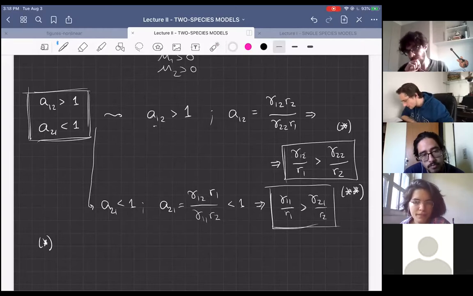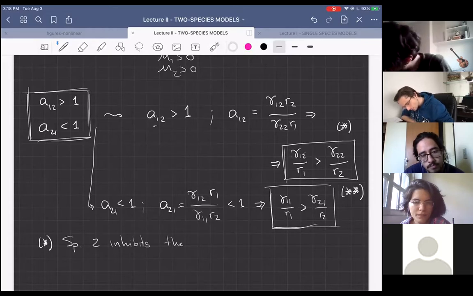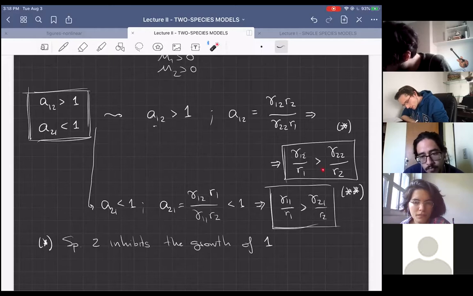So it's telling us that species 2 inhibits the growth of 1 stronger than herself.